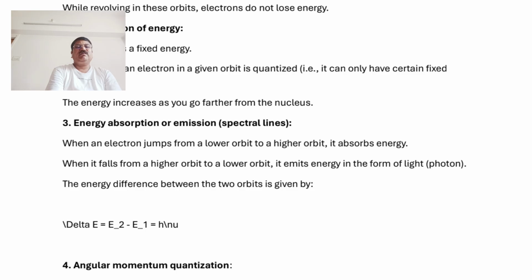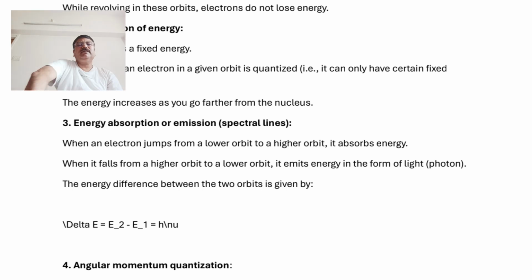That means whenever electron jumps from lower energy level to higher energy level, it is absorbing some quantity of energy. And during the absorption of energy, we are getting specific spectral lines known as absorption spectral lines.